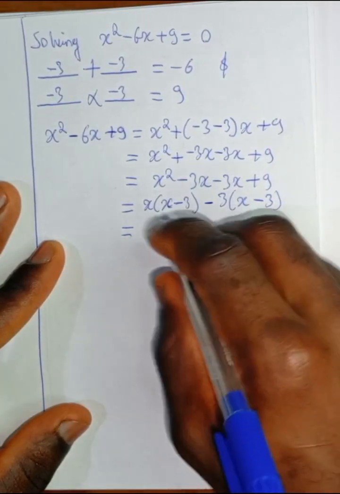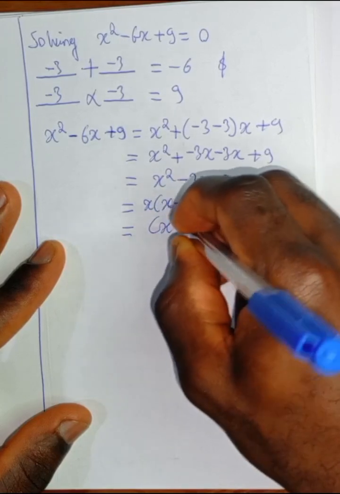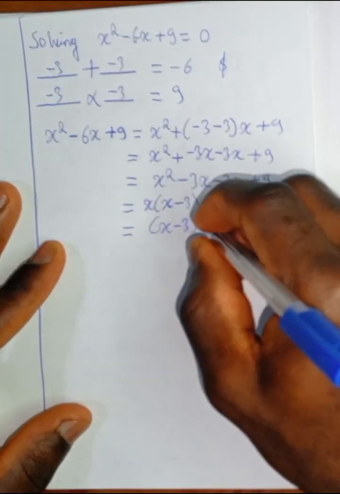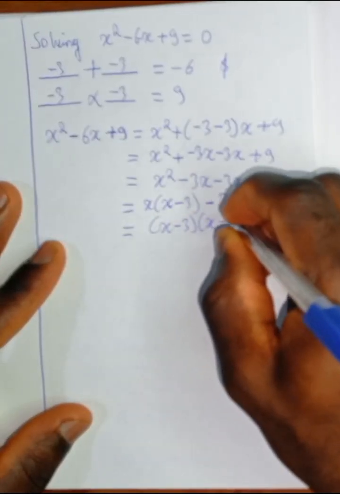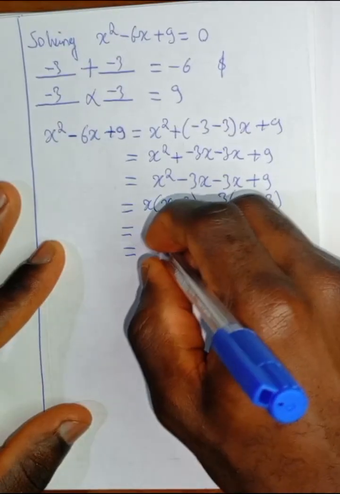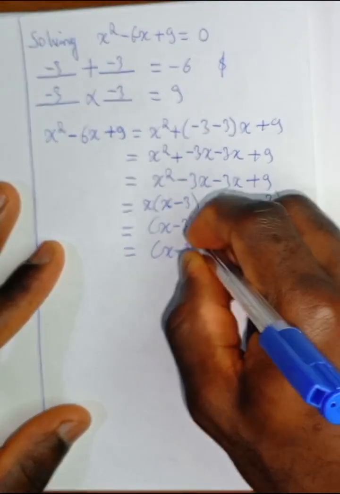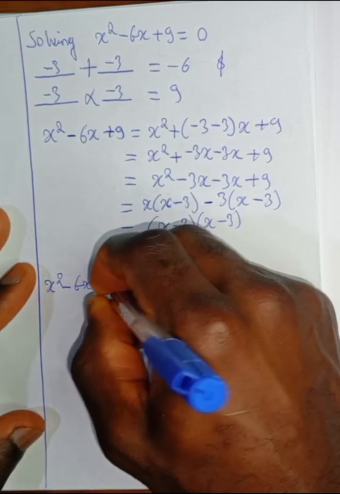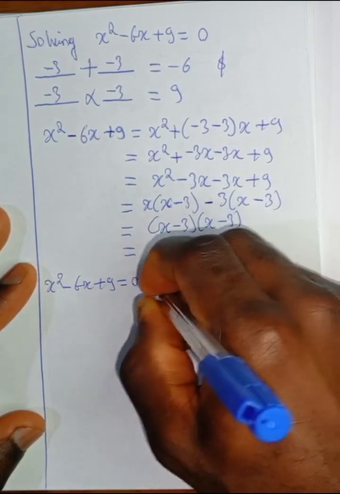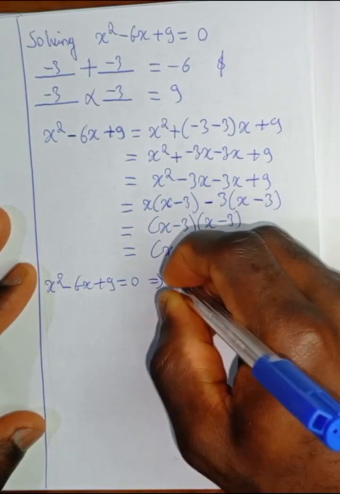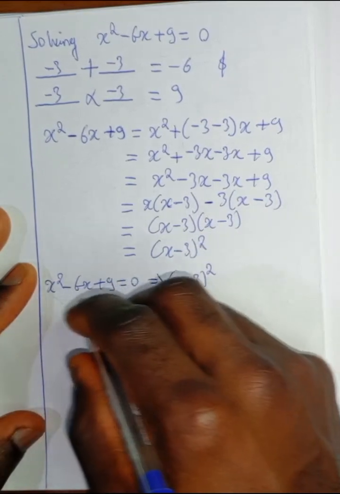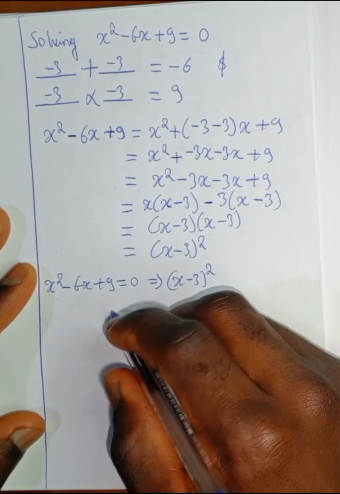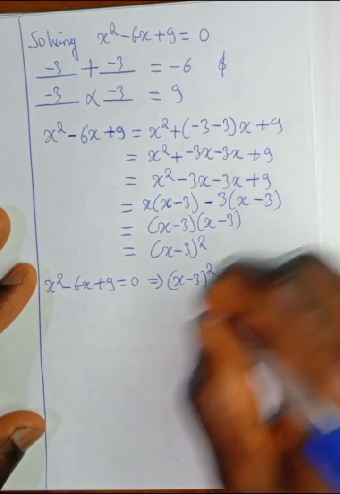We have two terms, x minus 3 is common, we factor out x minus 3 times x minus 3. This will simply be the same as x minus 3 all squared. Then x minus 3 all squared, because this is a factorization of x squared minus 6x plus 9, will equal to 0.